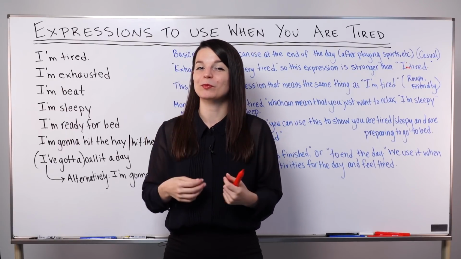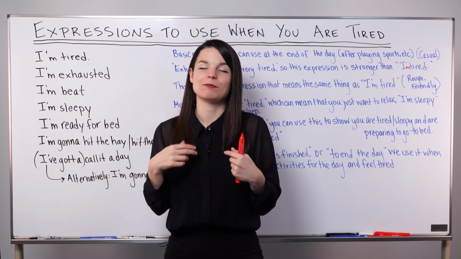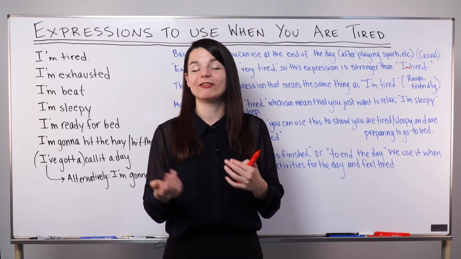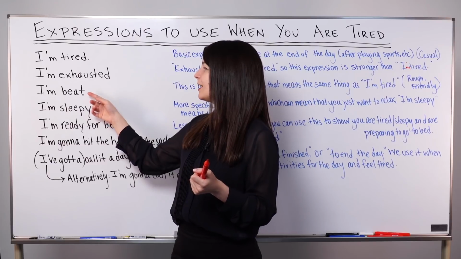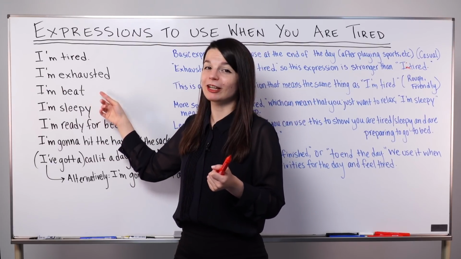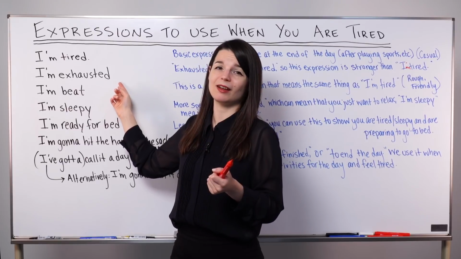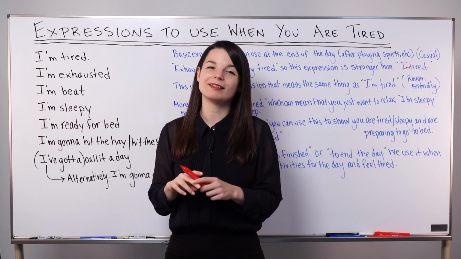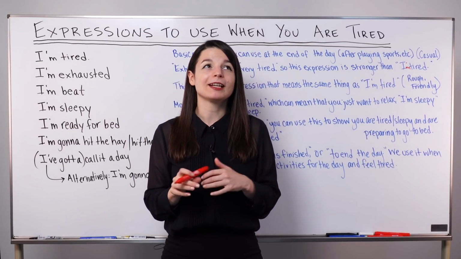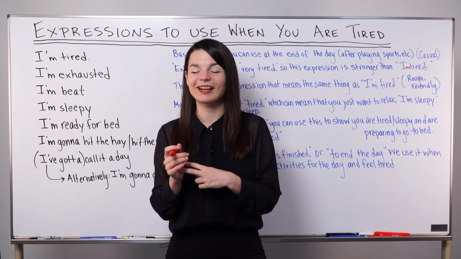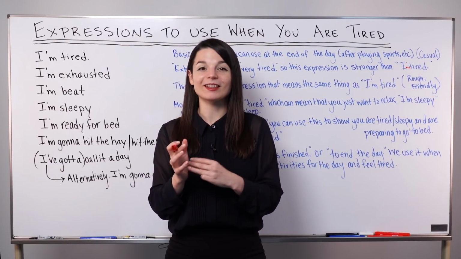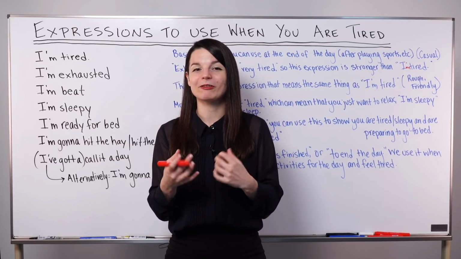So we use this expression, I'm beat, to mean I'm very tired. But it's a very casual expression. It's like a rough, kind of friendly version of I'm exhausted. We might say it after a day of happy activities, like maybe after snowboarding or skiing, or maybe we're spending lots of time with friends, but we feel tired.